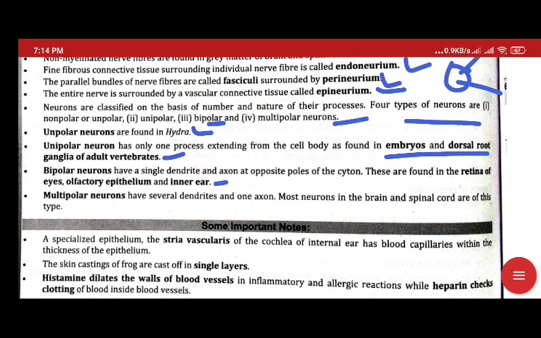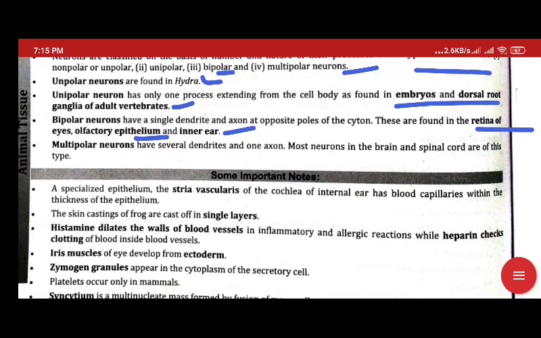Bipolar is found in the ear, olfactory region of the nose, and the eye retina. Most of the neurons in brain and spinal cord are multipolar.